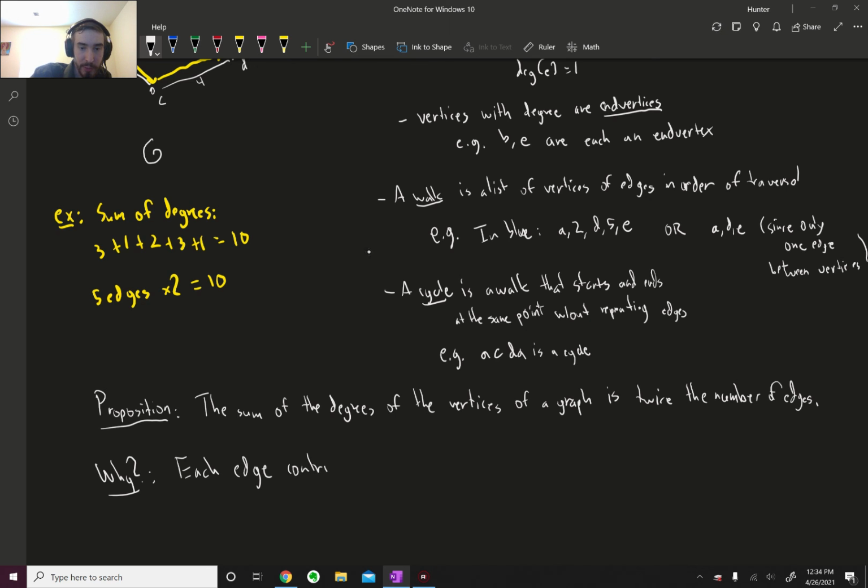So each edge contributes 1 to the degree of the 2 vertices it connects. So if we add up all of those degrees, we're going to count each edge exactly twice.